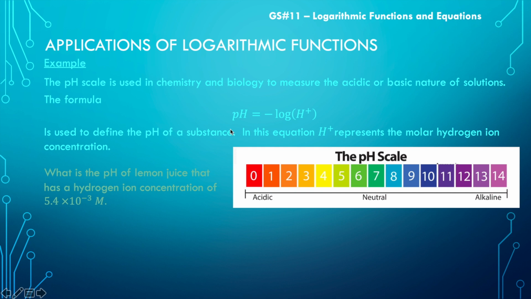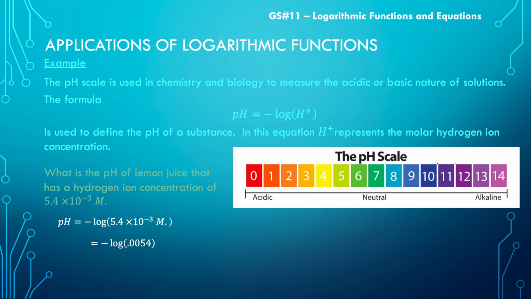Now, based on what you know about lemon juice, do you think that that's more acidic or more basic? So put that in your head and let's see if you were right when we get our answer. Let's go ahead and sub in that hydrogen ion concentration. And now I can rewrite this 5.4 times 10 to the negative third in a value that I can understand a little bit better.